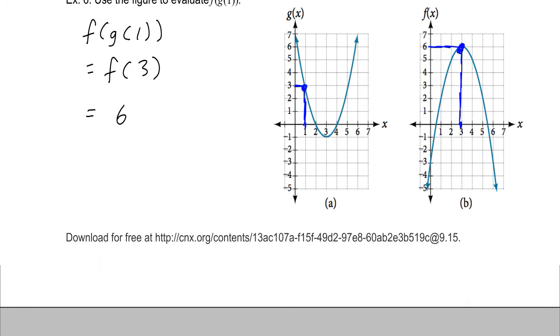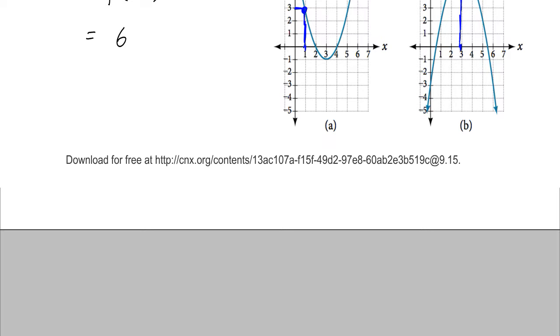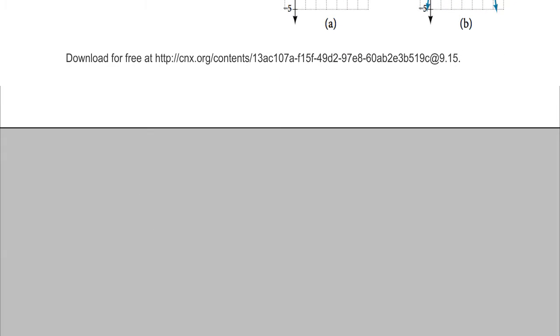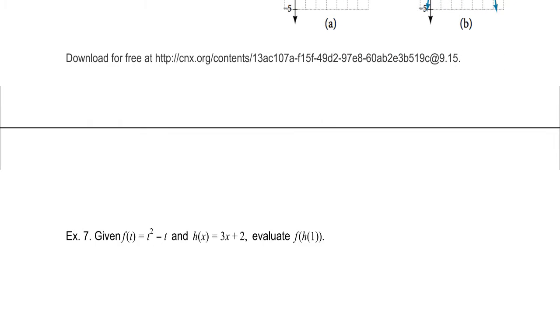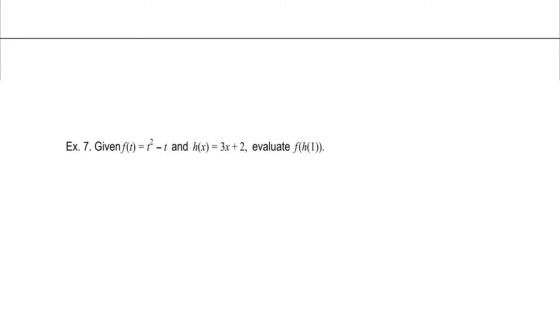Number 7. Given f of t equals t squared minus t and h of x equals 3x plus 2, evaluate f of h of 1. f of h of 1 first requires us to find h of 1. Over here on the side, I'm going to evaluate that.